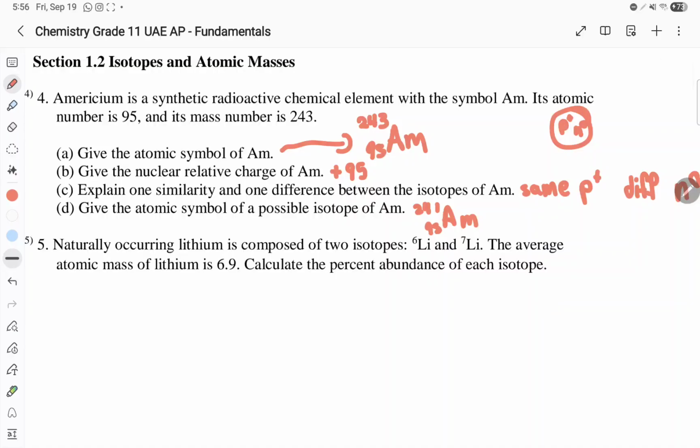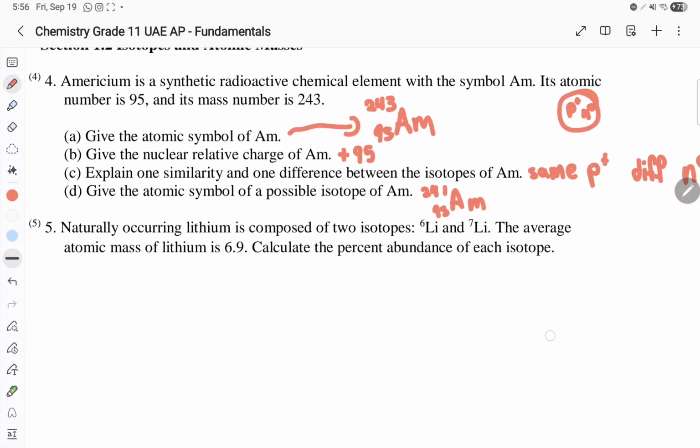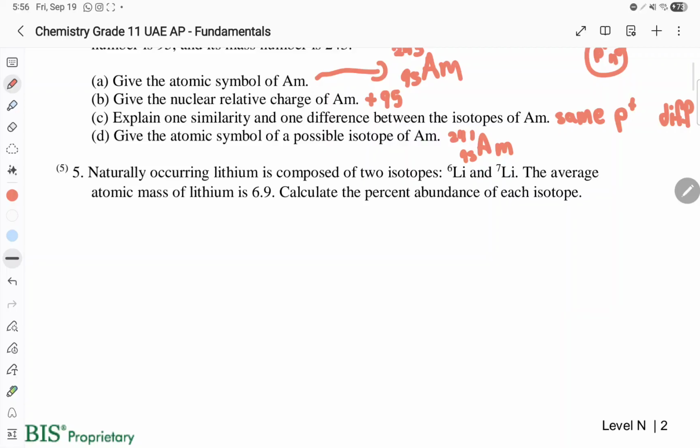Now, naturally occurring lithium is composed of two isotopes. The average atomic mass of lithium is 6.9. Calculate the percentage abundance of each isotope.